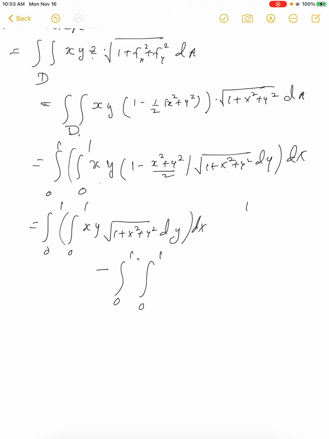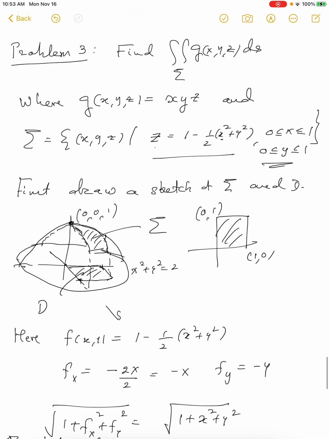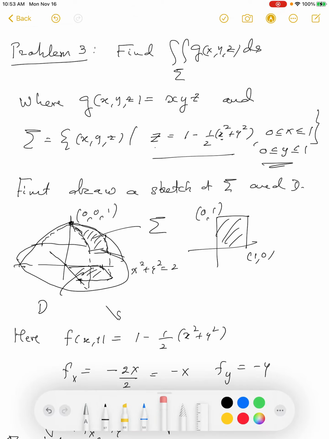I could take the function to be, yes, let's try to take the function 1 minus root z. I mean my function g, hold on. So let's take this function g to be, so to make the integral a lot easier, let's make this function root of 1 minus z.